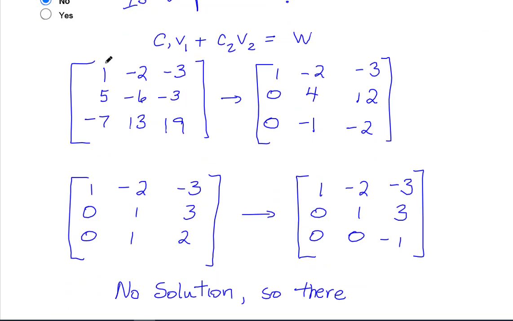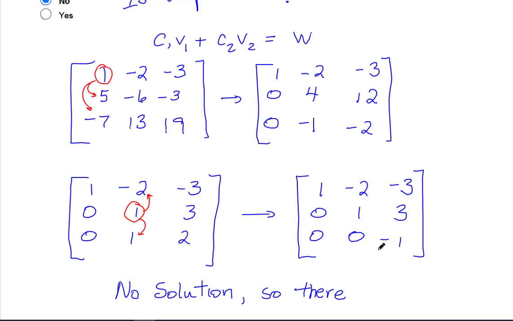So I'm using this 1 to make 2 zeros. All right, at this point, I can divide this row by 4. And so now I use this 1 to make some zeros.